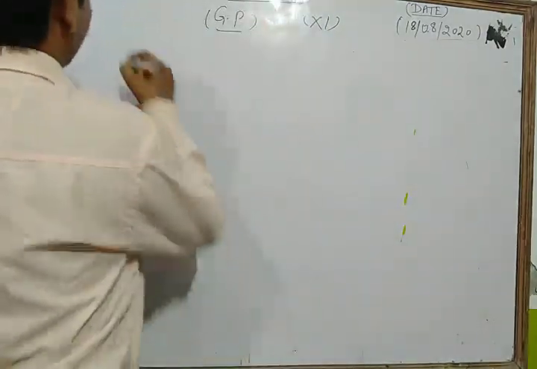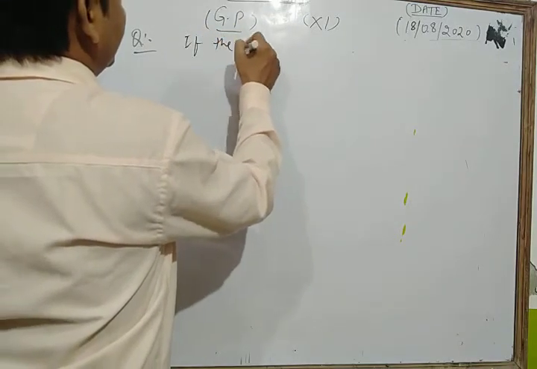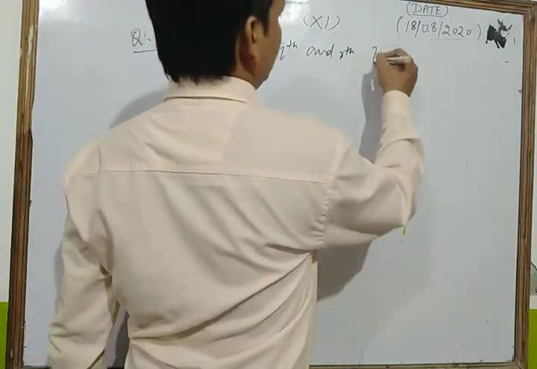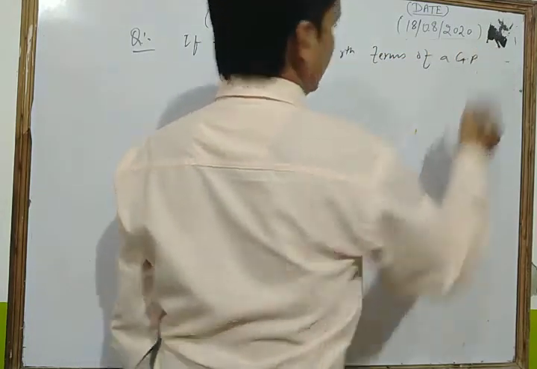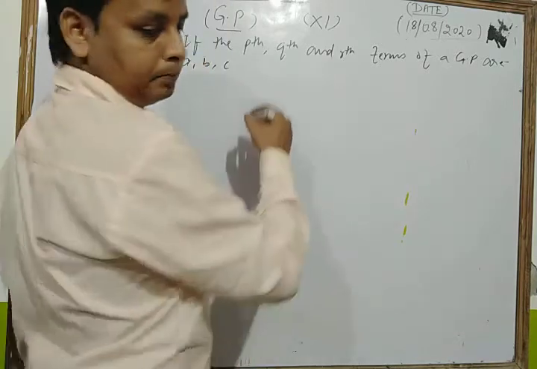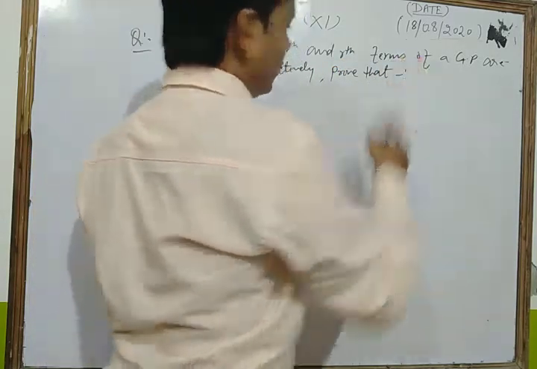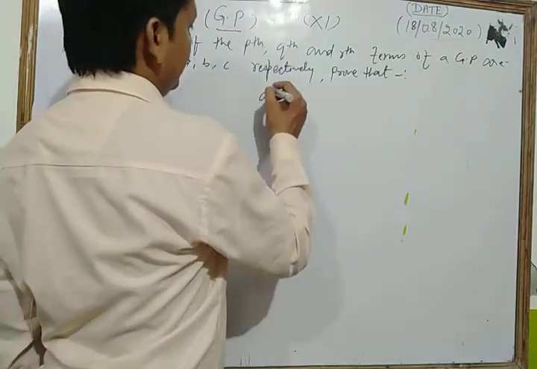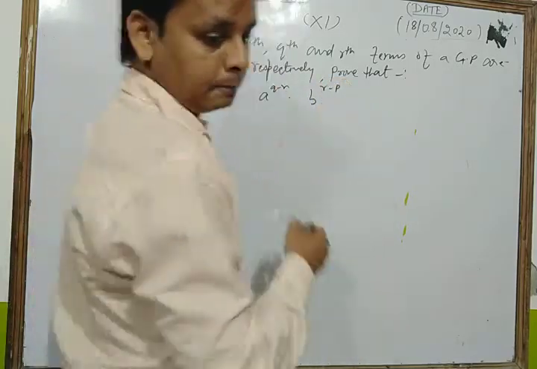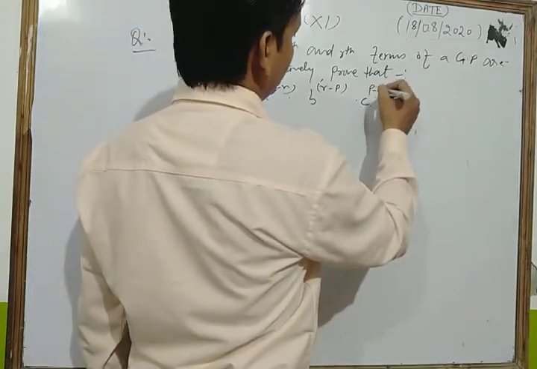We take a question, and the question is: if the pth, qth and rth terms of a GP are a, b, c respectively, prove that a to the power q minus r into b to the power r minus p into c to the power p minus q is equal to 1.